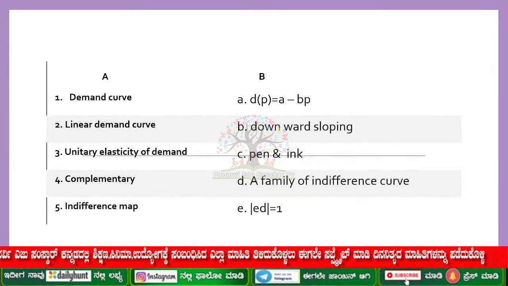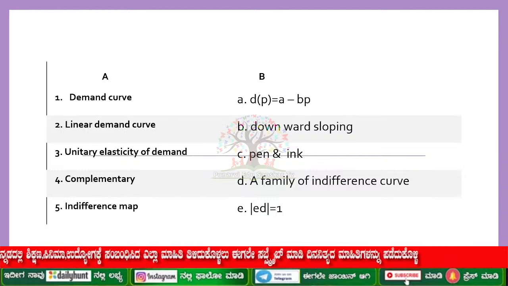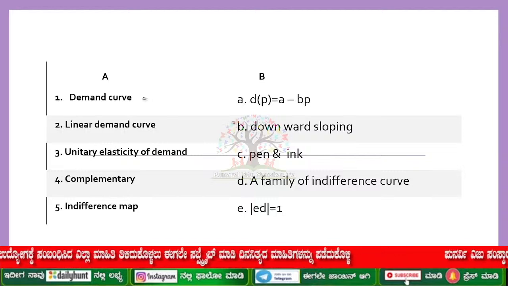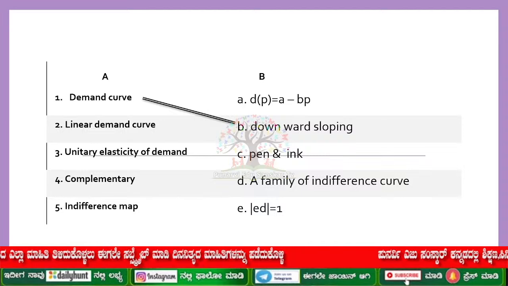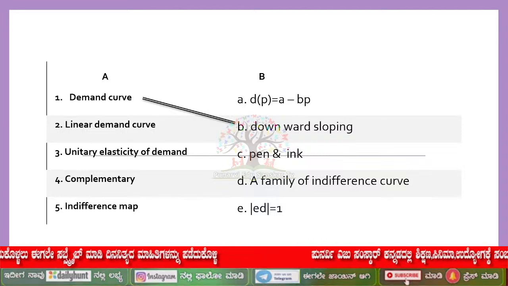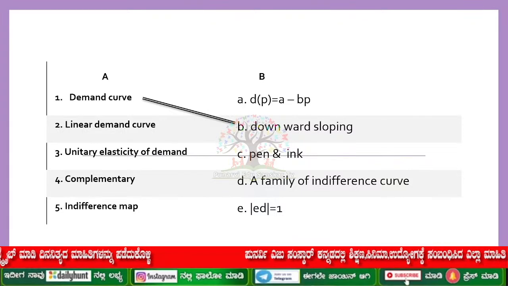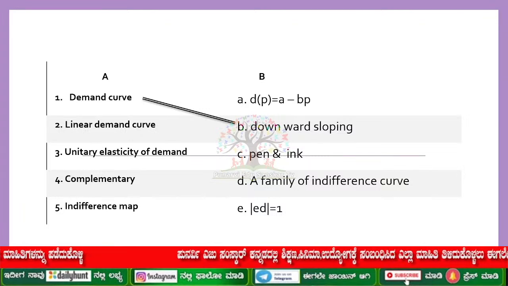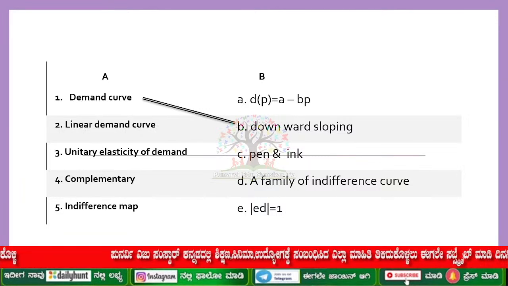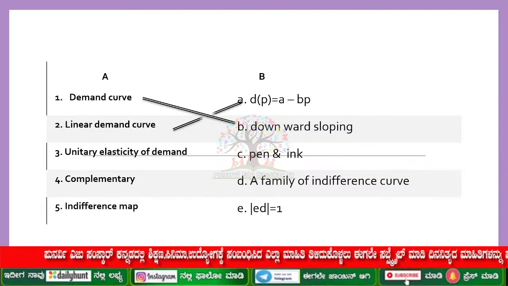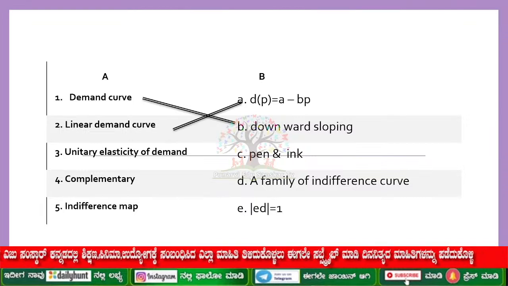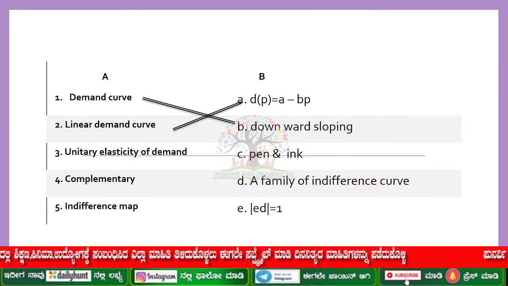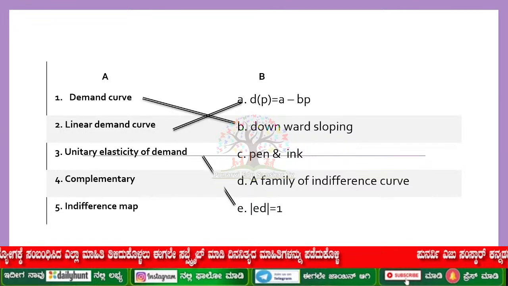Here you can see the demand curve. We know it slopes downwards, so downward sloping. Linear demand equation, D equals A minus BP. Linear equation, A minus BP is the right answer. Unitary elasticity of demand, we know it is equal to 1.